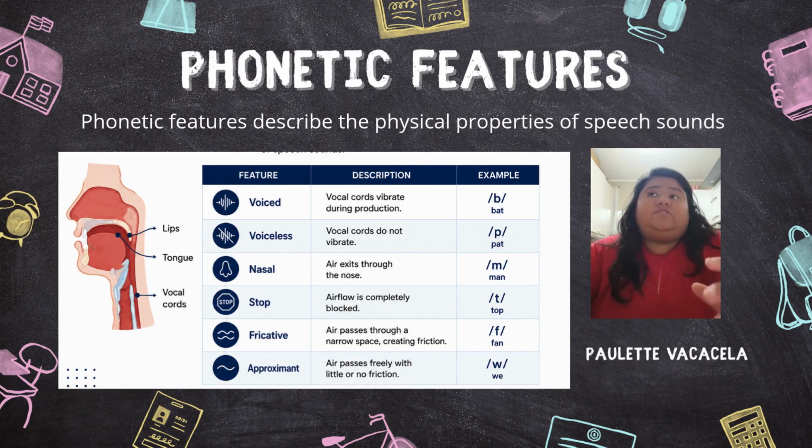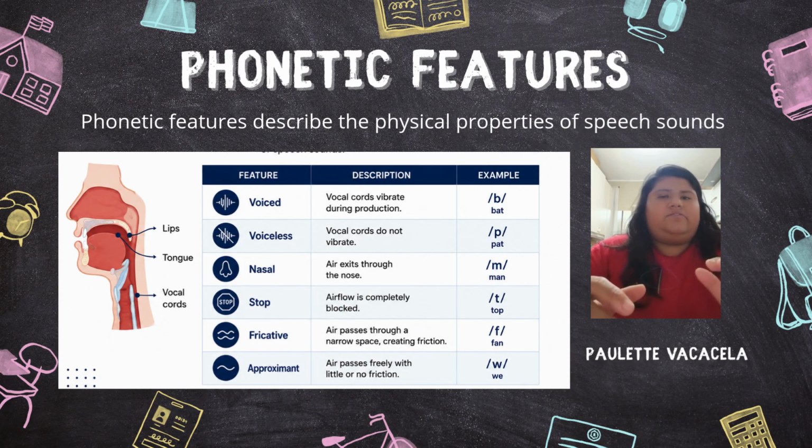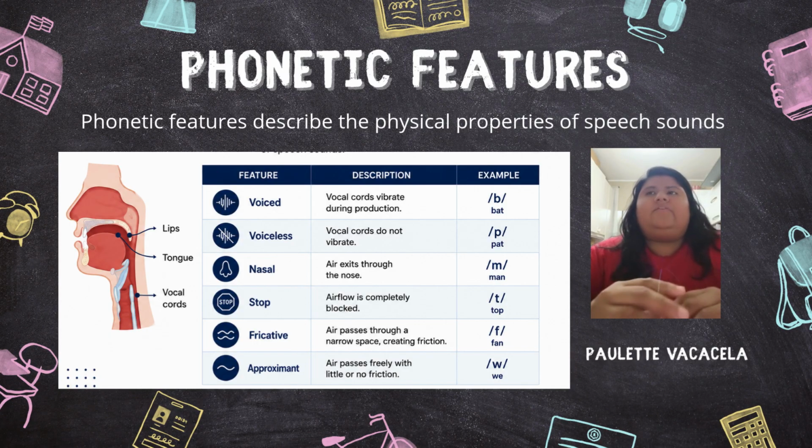We also have stops like T, where the airflow is completely blocked before it is released. Another example is fricatives, where the air passes through a narrow opening and creates friction.